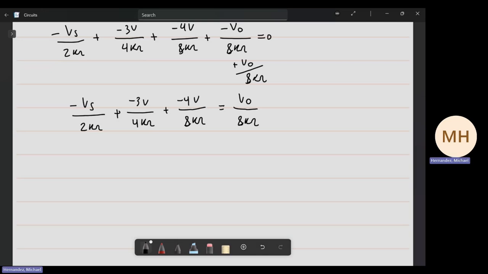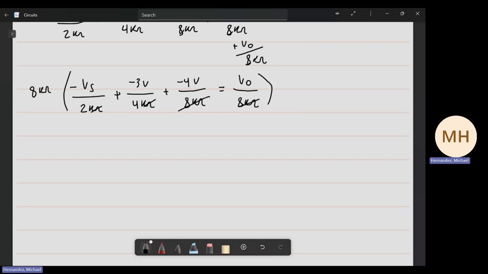So looking at this, our highest number is this 8, and I don't like working with fractions, so we could just multiply everything by 8K ohms. And it'll get rid of this and the units as well. And it would just turn into negative 4 VS because 8 divided by 2 is 4.